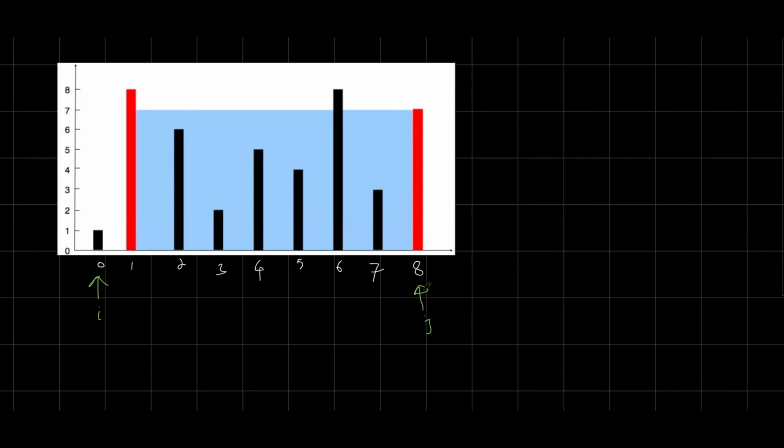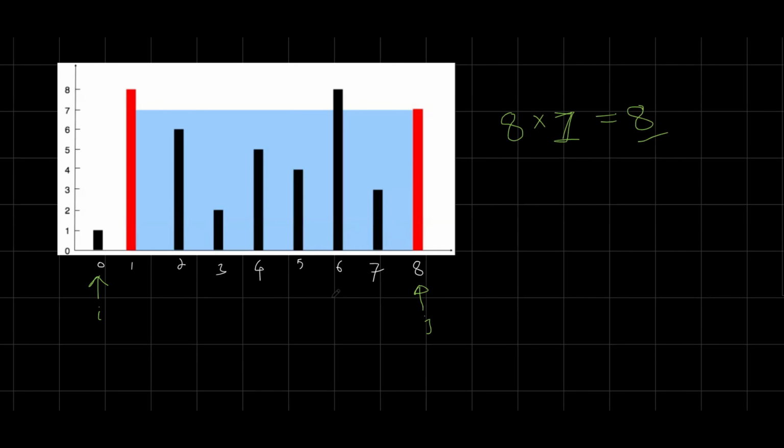The difference of the index numbers is 8 minus 0, which is 8. And the minimum height will be the minimum of 7 and 1, where 7 is the height of the last element and 1 is the height of the first element. So the minimum will be 1. So in this case, the volume will be 8. Now, it is one possible solution or one possible volume.